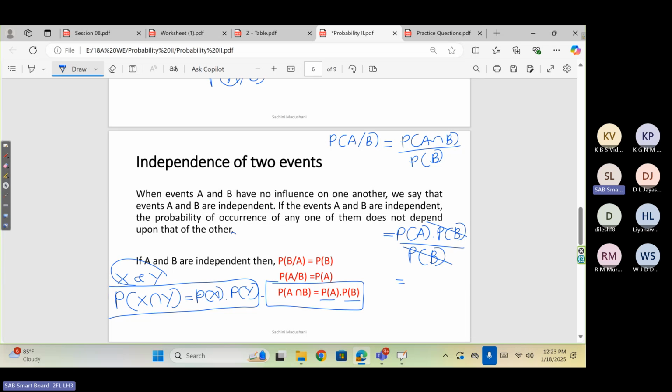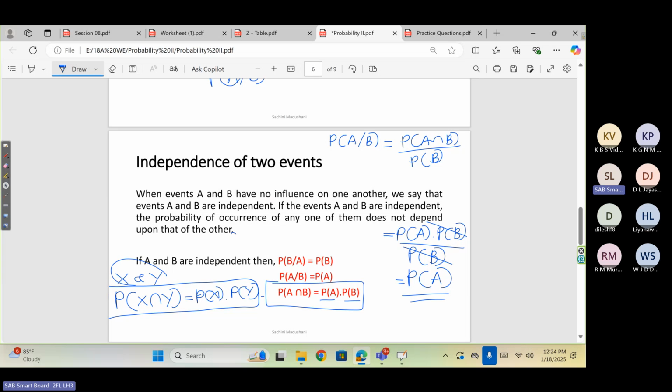Then what is the answer? Probability of A. In this scenario, is A the first event or the second event? Second event. It means if the two events are independent, under the conditional probability concept, it is equal to the probability of the second event.